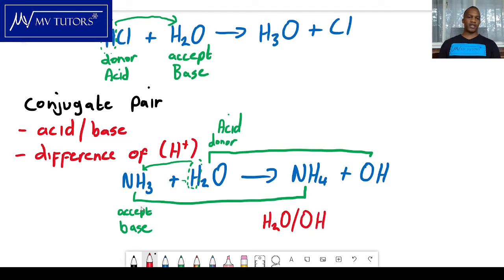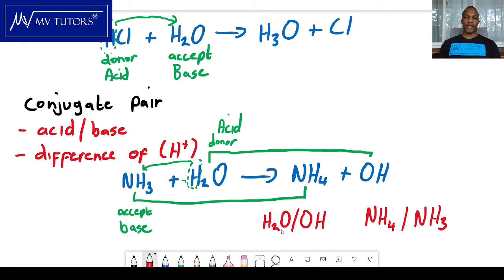With these ones, if this is a base, then NH4 must be the acid, and its conjugate is NH3.